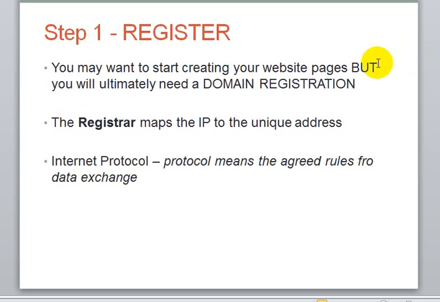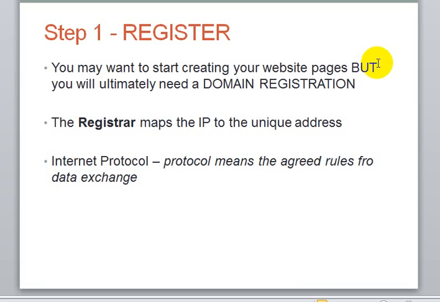I've said step 1 would probably be to register your domain name. It's a unique name that the registered company has confirmed as unique and has logged and obviously charged you for. You may want to start creating your web pages, but you will ultimately need a domain registration.